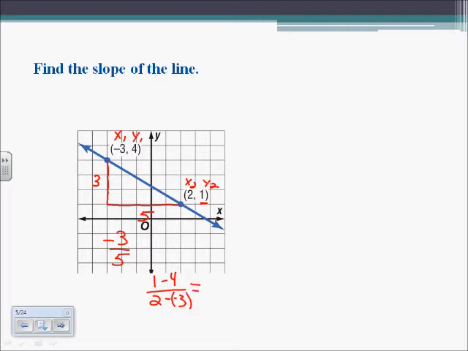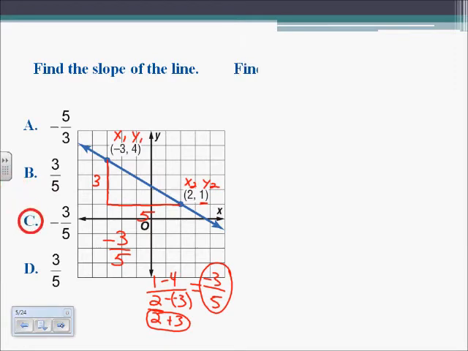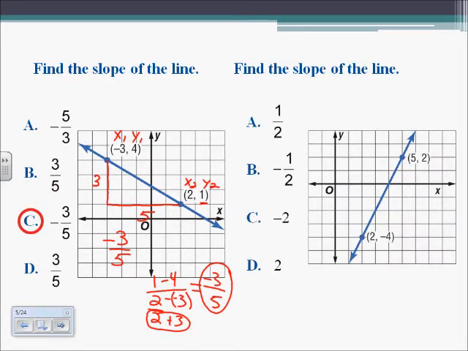Minus negative becomes a positive, so on top I have negative 3, and on the bottom 2 plus 3, which will then be 5, so my slope is a negative 3/5. So again, counting or solving. It's much more efficient to do the solving because you can always count wrong. And negative 3/5, of course, is our result.